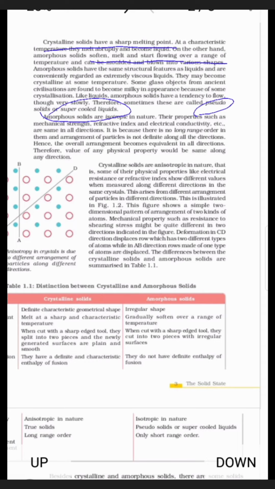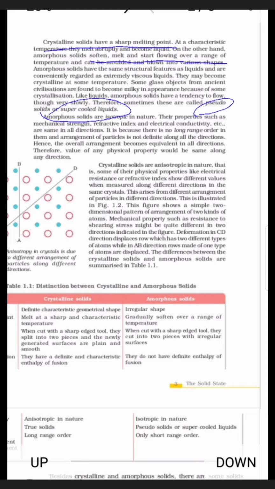Why is it so? Because glasses have a property that if they are kept for a longer period, for example window glasses, as time goes on the thickness in the upper part of the window becomes lower than at the bottom. That means it starts to flow from top to bottom.